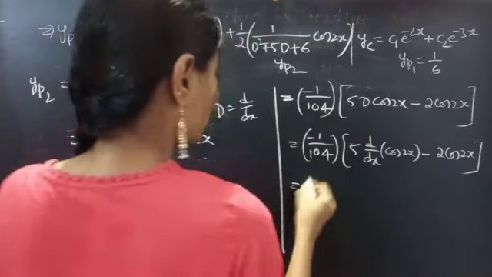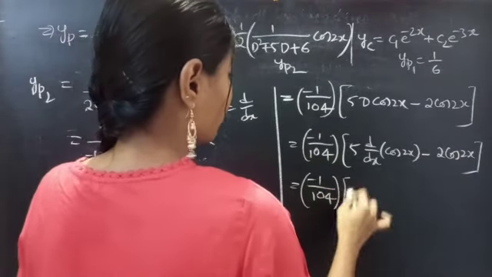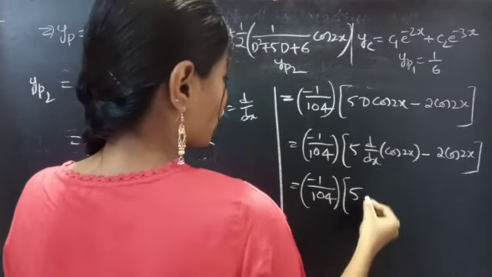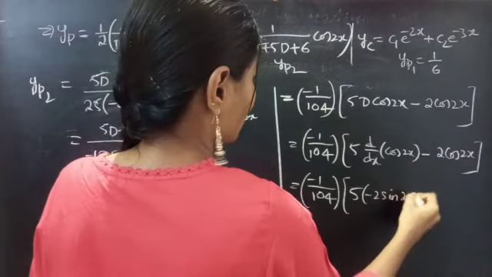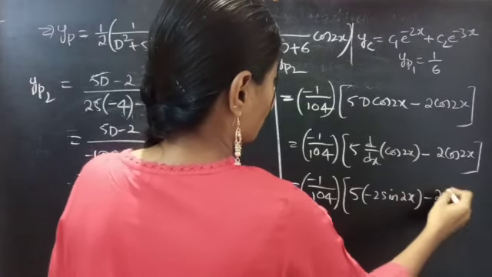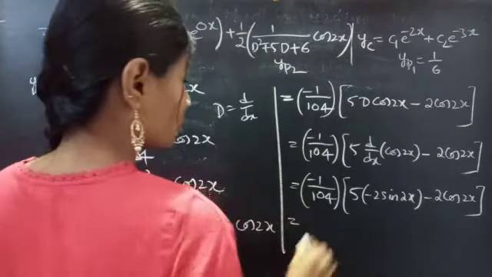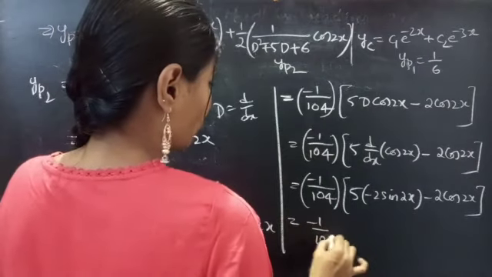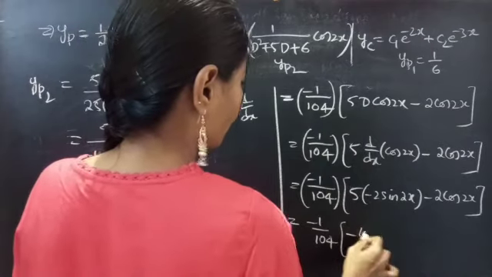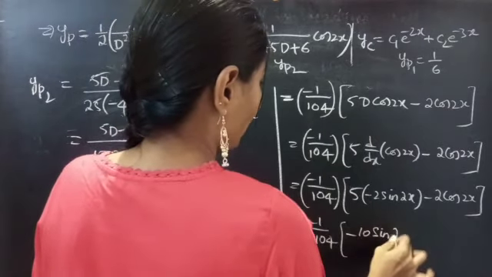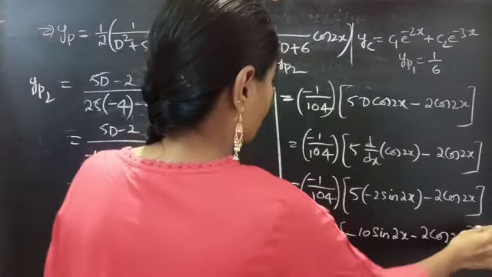It equals -1/104 [5(-2 sin 2x) - 2 cos 2x], which equals -1/104 [-10 sin 2x - 2 cos 2x].